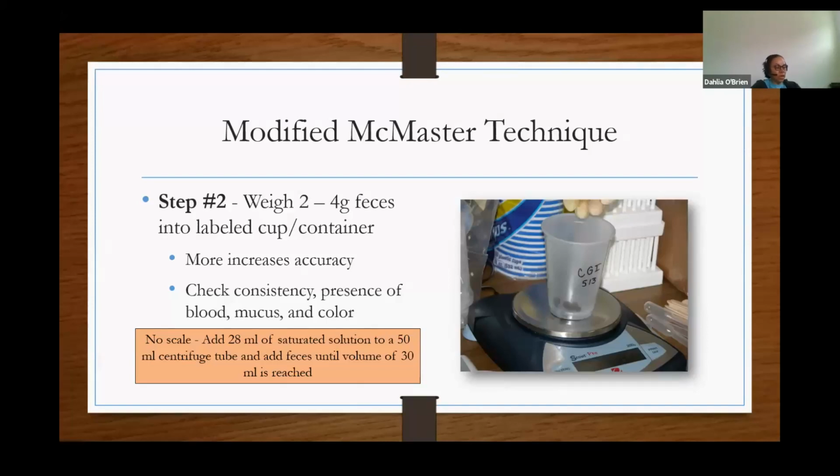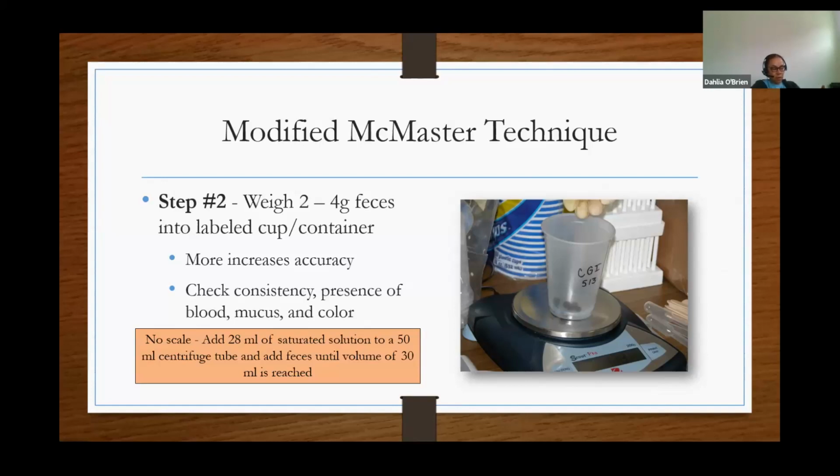You can use a graduated cylinder, or you could use a dosing syringe to get your 28 mils of solution.